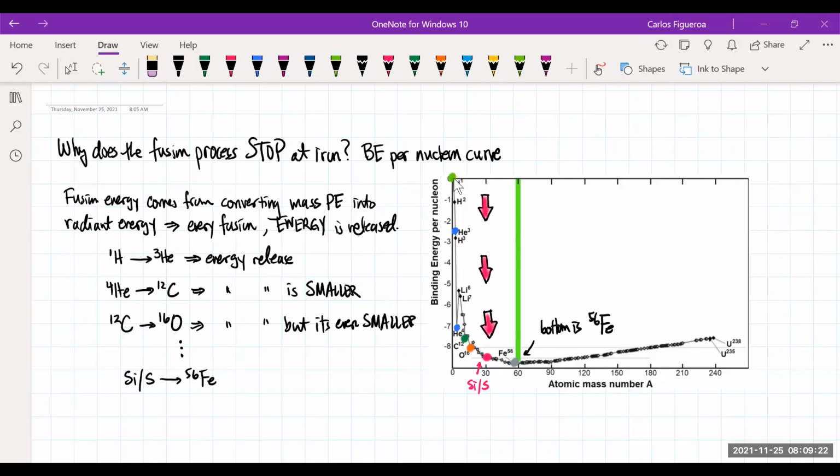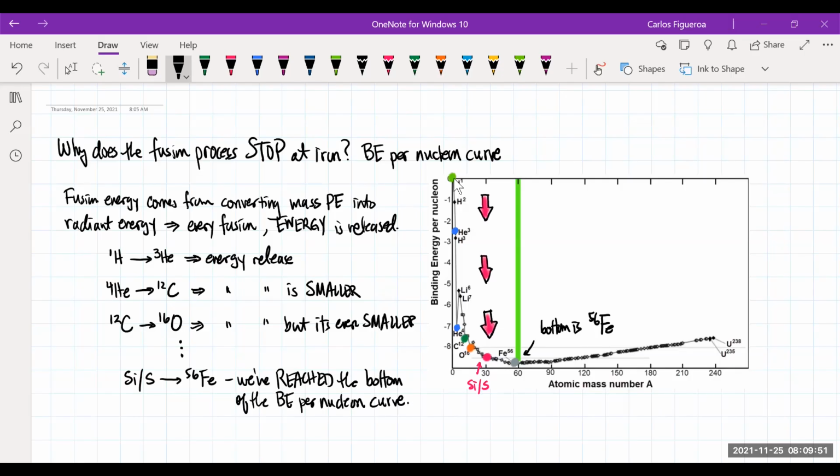When we get all the way to here, when we get to iron, we've reached the bottom of the binding energy per nucleon curve.